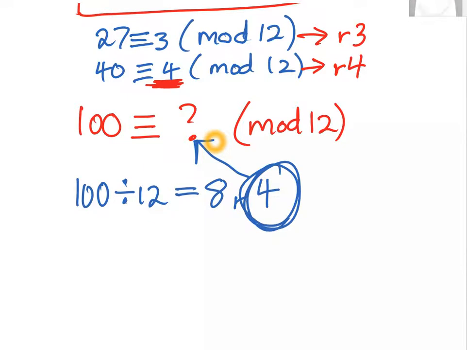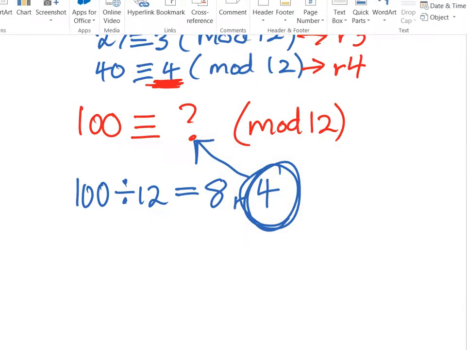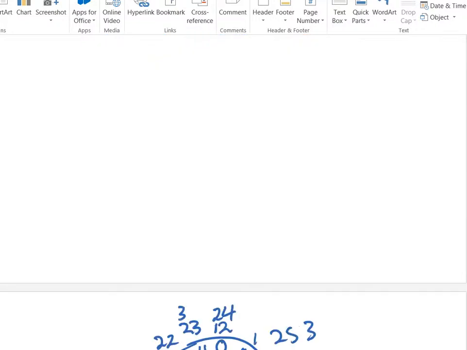Now let's consider a different modulo. How about we try modulo 5? So just get yourself a new page here. I'll draw up a bit of a clock. Here we go.